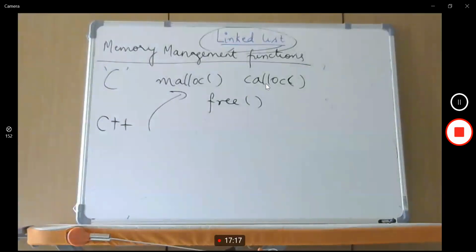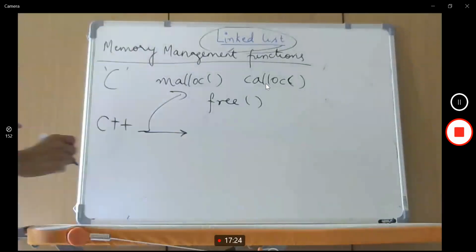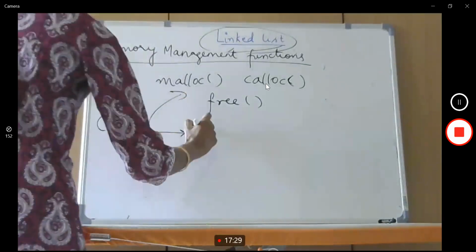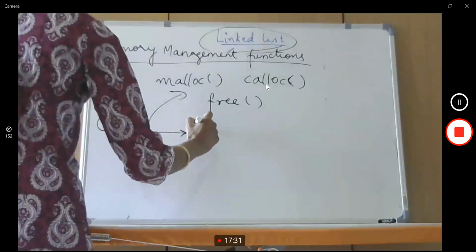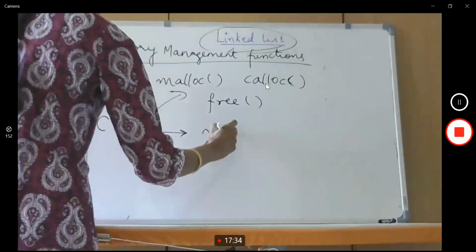But there are two more operators. We don't call them functions, we call them operators, used in C++ for the task of allocating and deleting memory in a better, more efficient and easier way. One operator is called new.